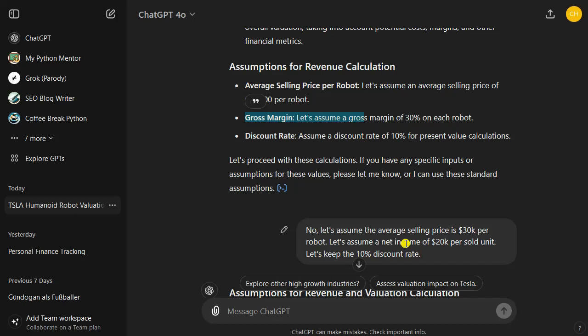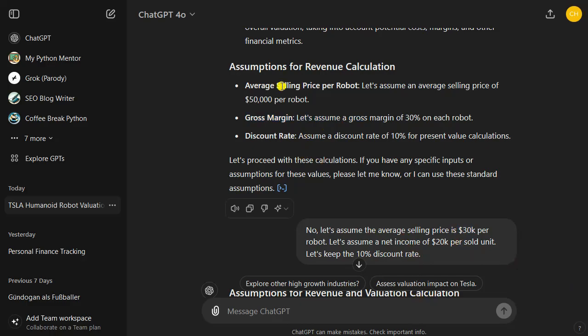So we sell 100 million or so. If in this scenario we sell 100 million units or a billion units every single year, the price per bot could be 20K, but until then it will be higher. And I assumed an average selling price of 30K, which is more conservative than what ChatGPT proposed.